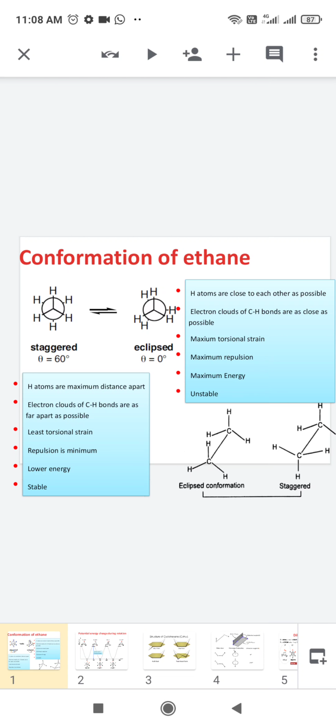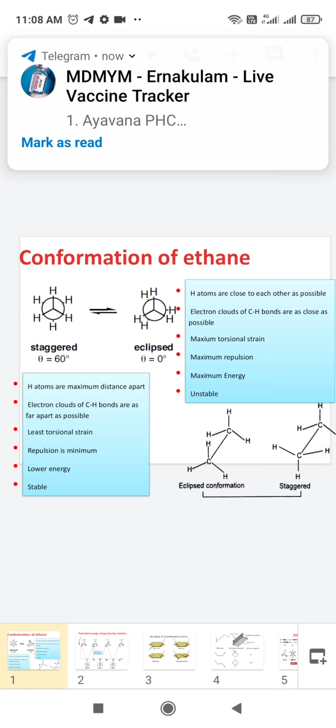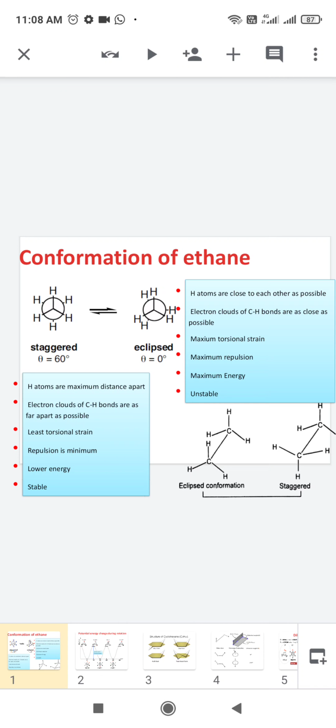I will explain the torsion strain a little bit later. And we can see that here the minimum repulsion is possible because the hydrogen atoms are at maximum distance apart, and the staggered conformation has very low energy. That's why the staggered conformation is more stable.